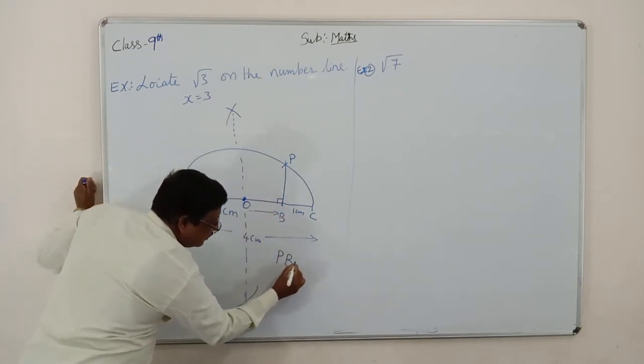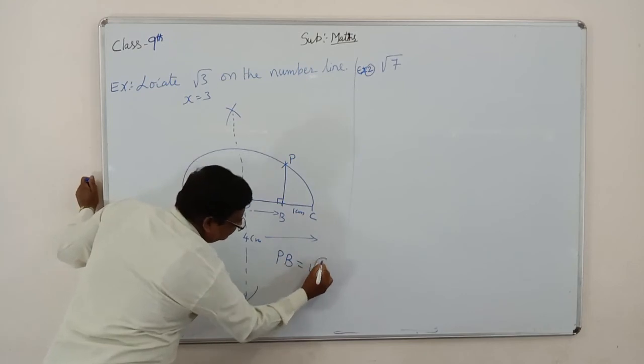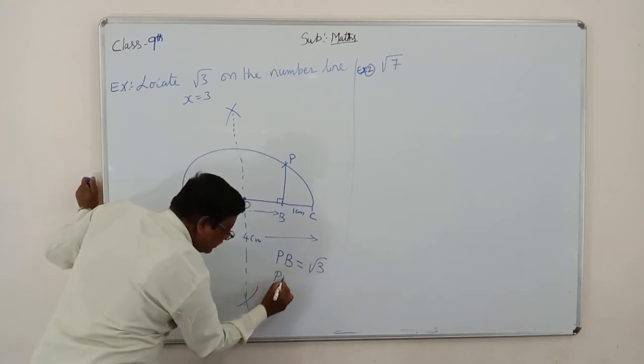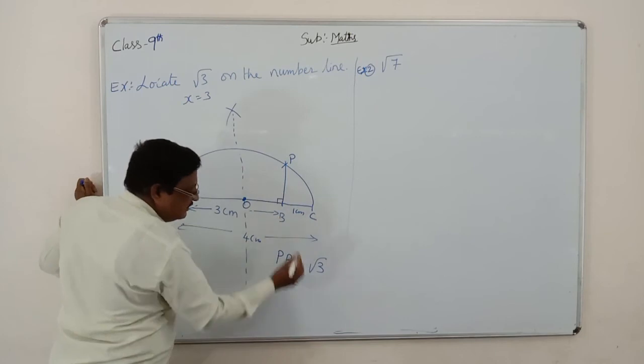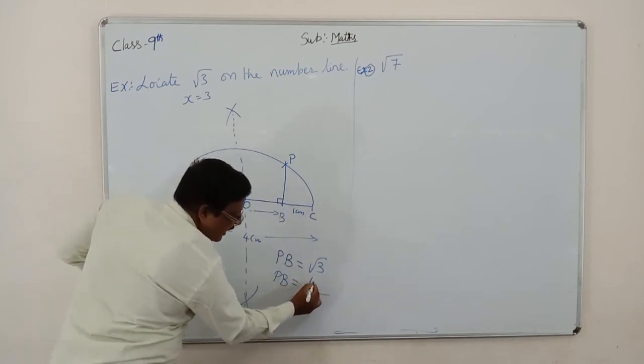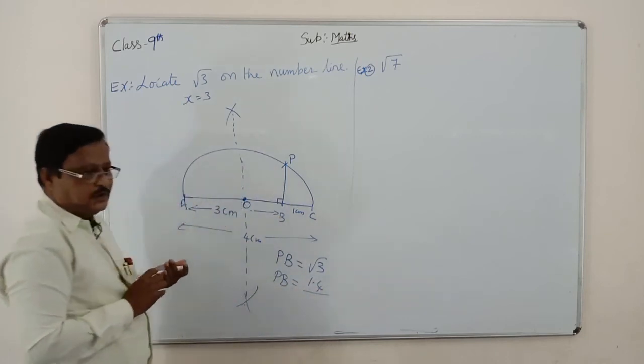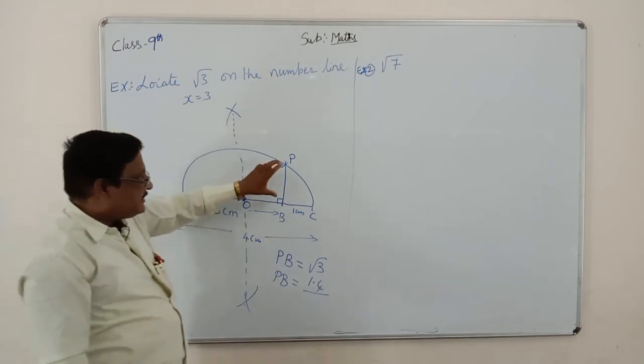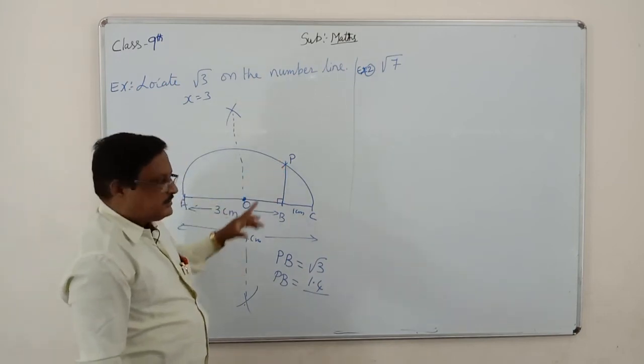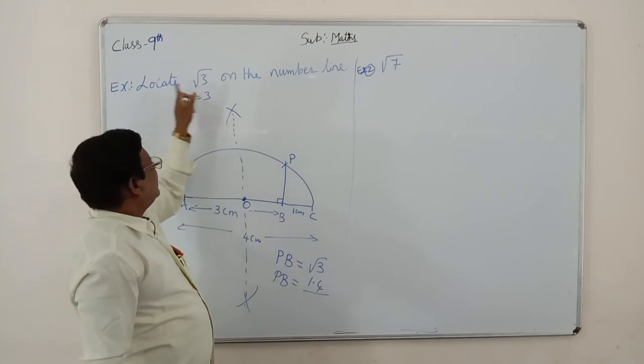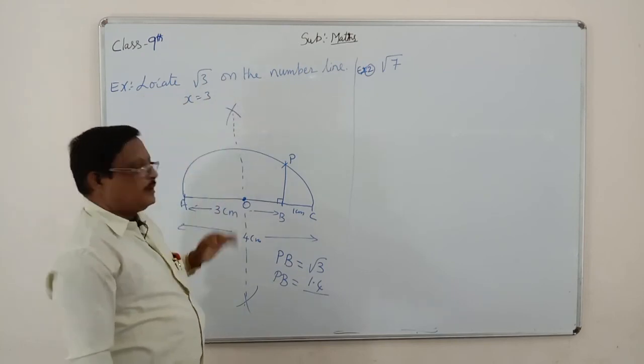PB is equal to the square root of 3. You measure this one, right here, 1.4 or 1.5, and write it. This is how you locate the square root of 3 on the number line.